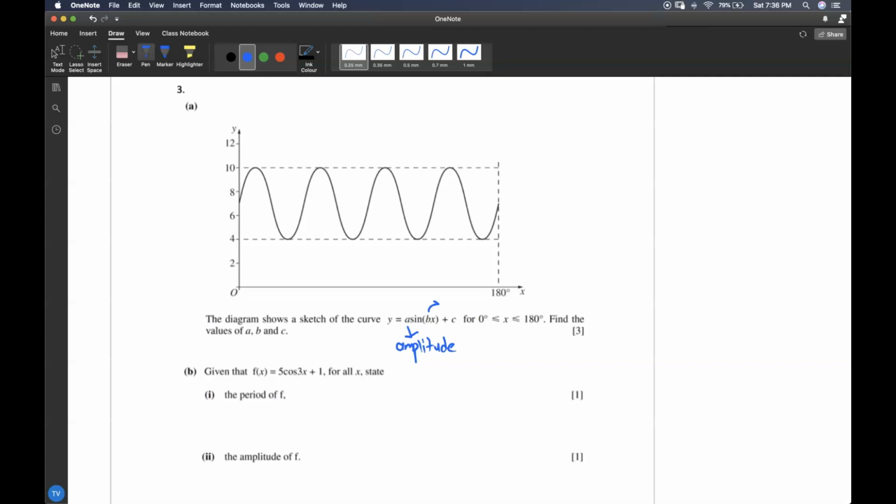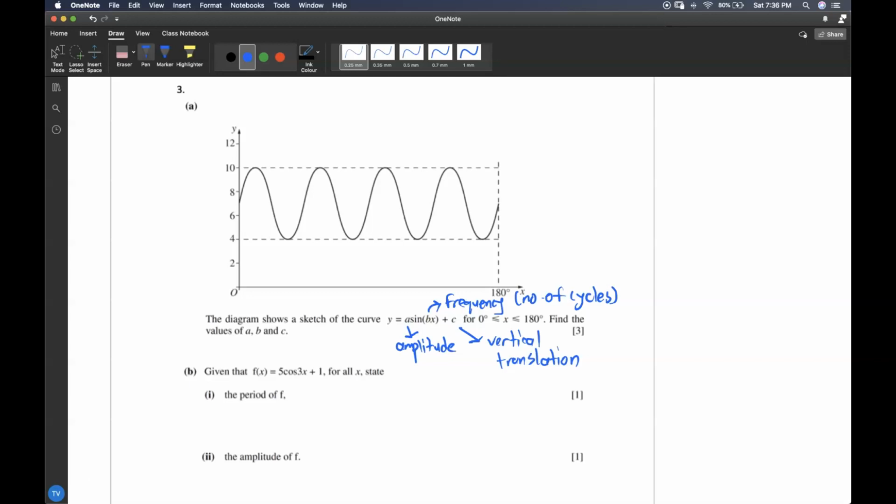This b represents frequency, or to put it simply, the number of cycles. Whereas c is a vertical translation, which basically means whether the graph moves up or moves down. Positive moves up, negative moves down.